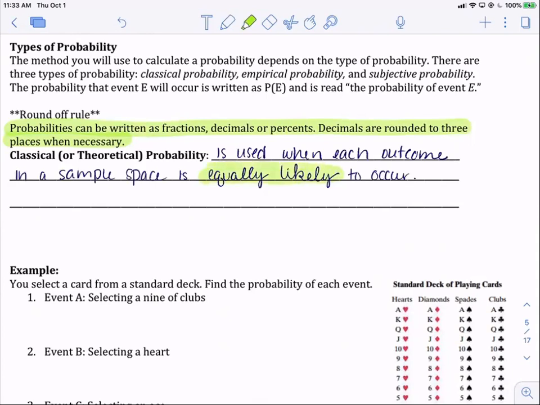Equally likely is the key part there. So rolling a die, getting any of those numbers, you have an equal chance of getting 1 through 6.